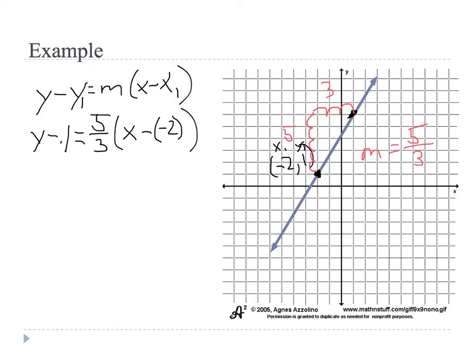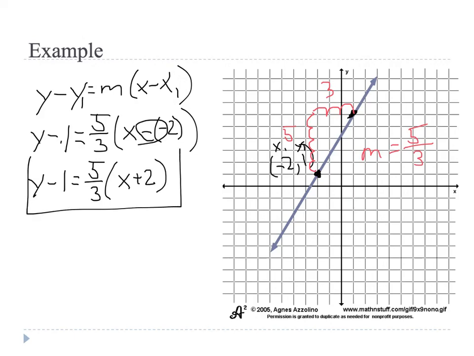We're almost done. We just want to simplify this double negative sign here. Minus a negative is equal to a plus. So y minus 1 is equal to 5 over 3 times x plus 2. And we have our equation in point slope form.